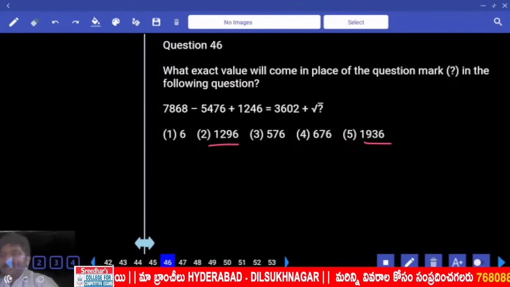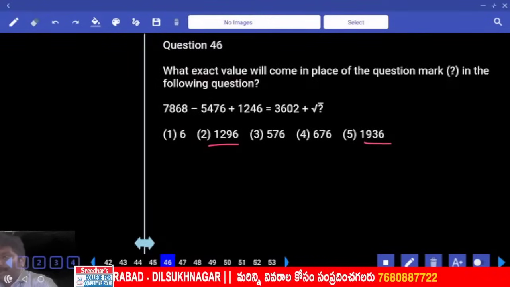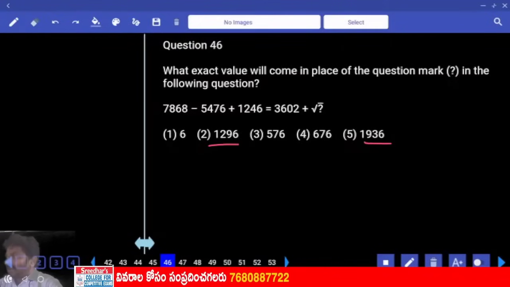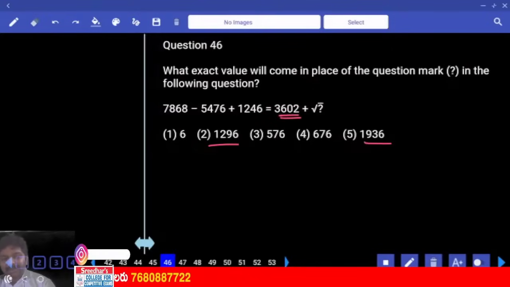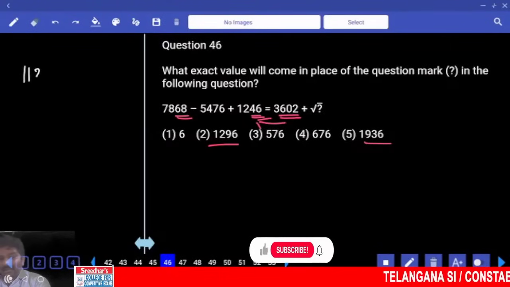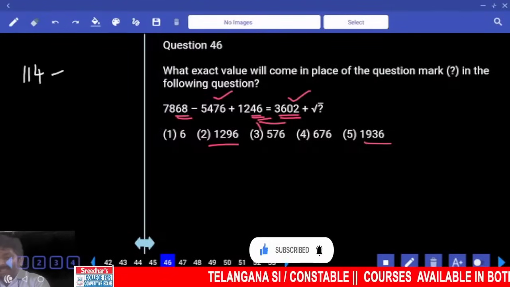Hardly, if you consider second option and fifth option, it is going to be a square of a 2-digit number but not a 3-digit number. So last 2 digits are enough for us to answer the question. Take this number, right hand side number to left hand side, it becomes a negative number. Positive number 68 and then 46, which is equal to 114. Negative number 7602, which is 78.